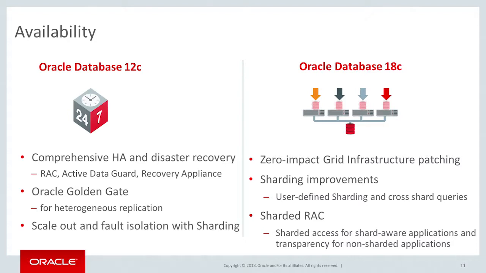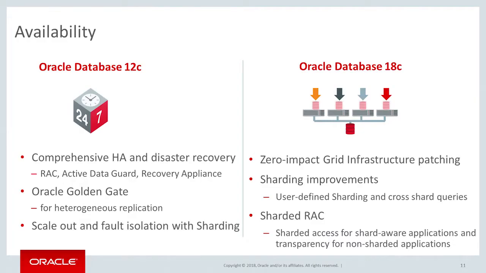So when it comes time to upgrade the underlying infrastructure that underpins those Real Application Clusters environments, we can do that on a server by server basis. We've improved sharding capabilities by giving customers the ability to define their own sharding to decide which shard goes where, and we've also improved the speed of executing queries across different shards.